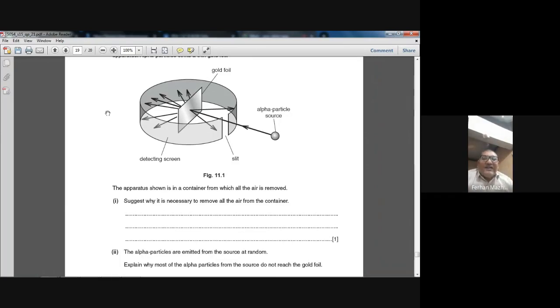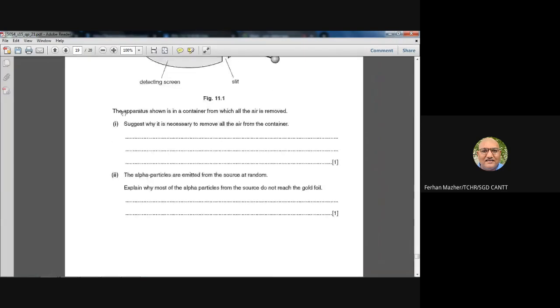The alpha particles are given out not just in the direction of the slit, but in other directions also. So only a few alpha particles are going in that direction. It's just a common sense question.